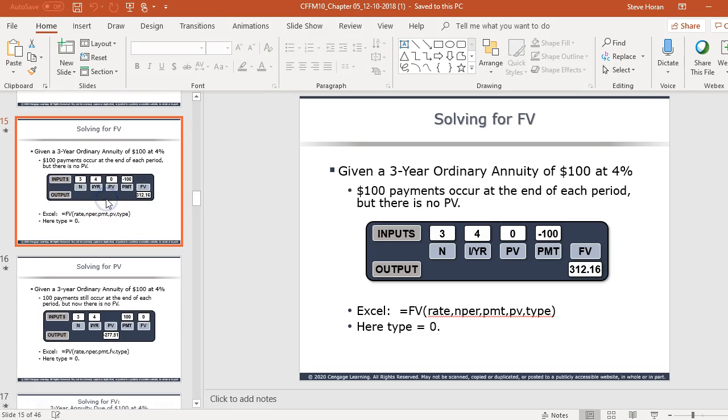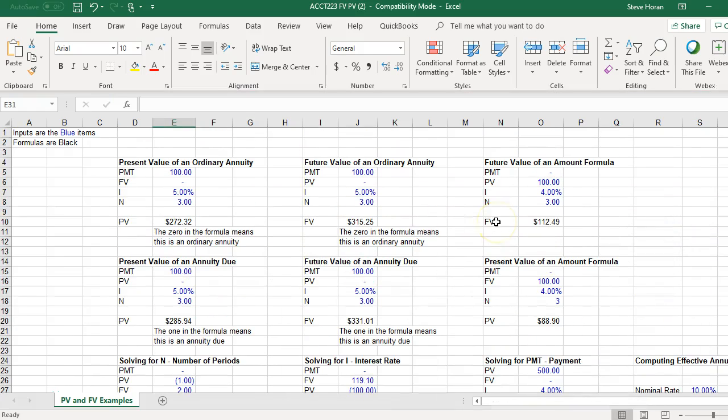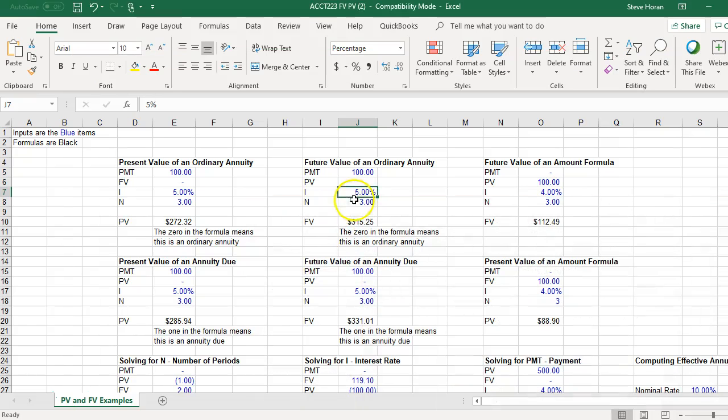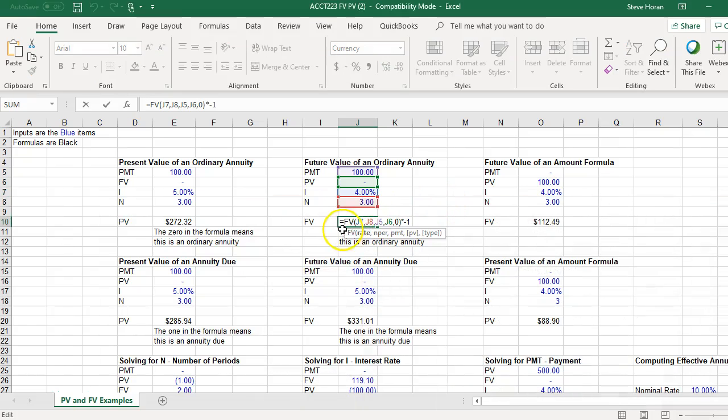And same thing with annuities. This is an ordinary annuity, and this is a 3-year $100 at 4% for future value. So future value of an ordinary annuity, 3 years, 4%. So I put in 4% and we get 312.16, and the formula is still the FV formula.